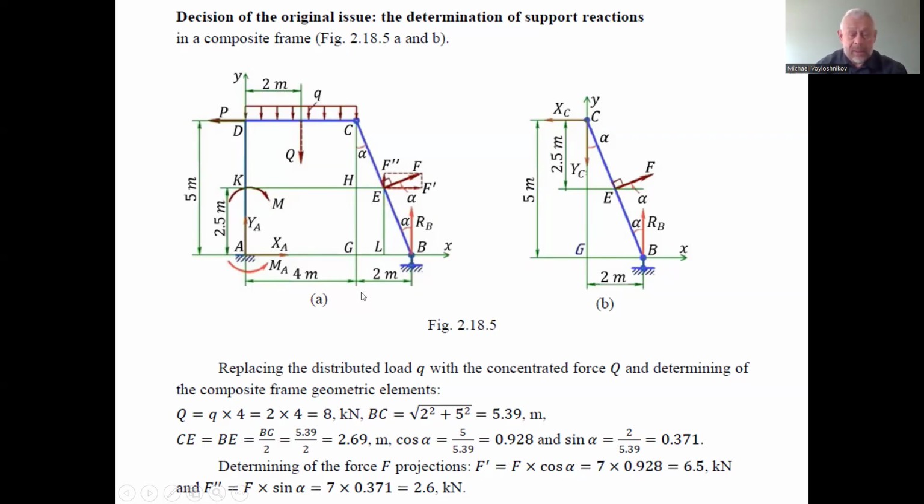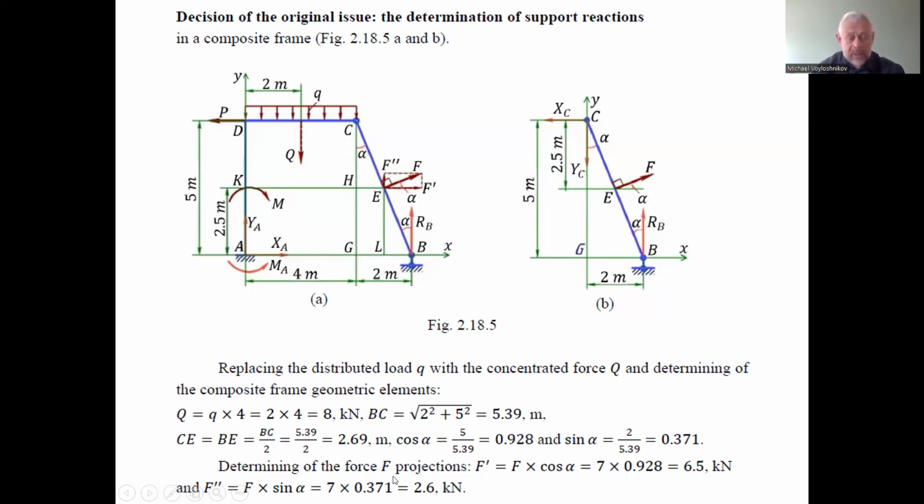Cosine alpha is a proportion of one of the legs of the right angle triangle divided by the diagonal CB, and cosine alpha is 0.928, and the sine alpha is a fraction 2 by 5.39 equal to 0.371. So we have the required geometric characteristics of the assigned frame and the concentrated force magnitude.